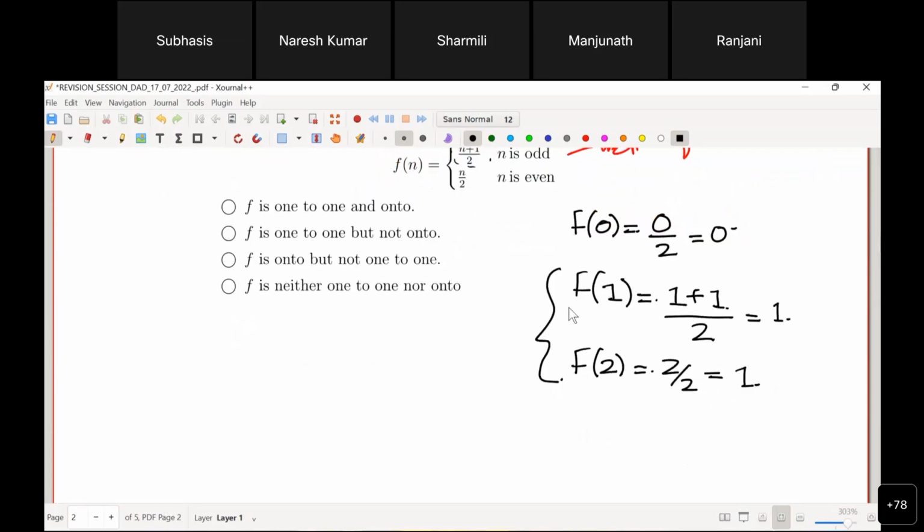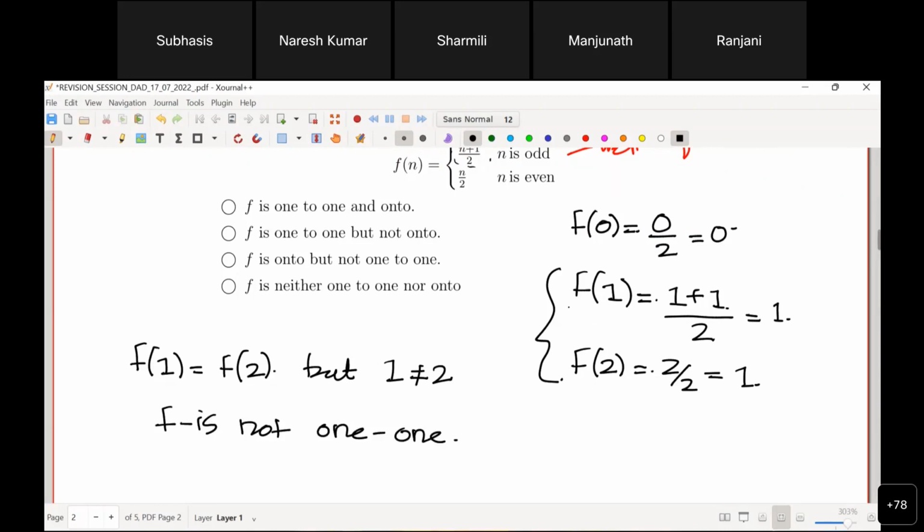Because f of 1 is the same as f of 2, but certainly 1 is not equal to 2. So I have two distinct elements, and both of them map to the same element. Okay, so that means f is not 1-1.